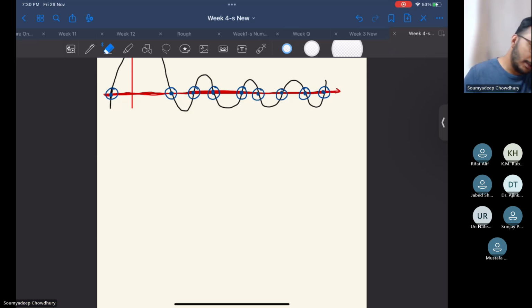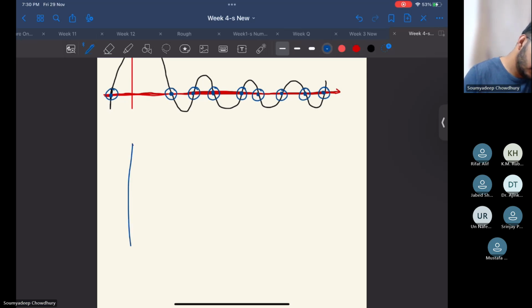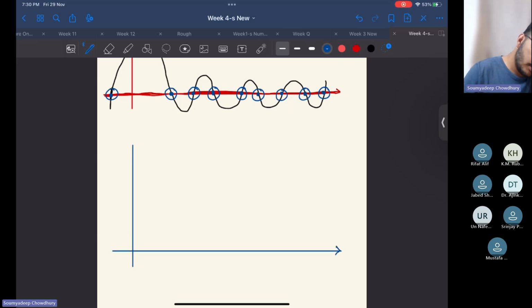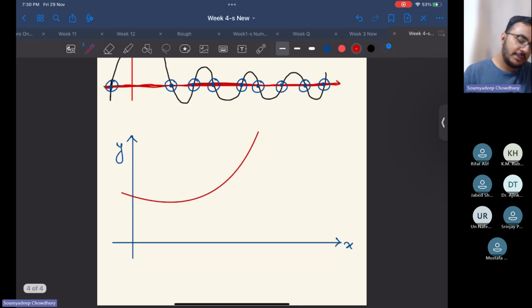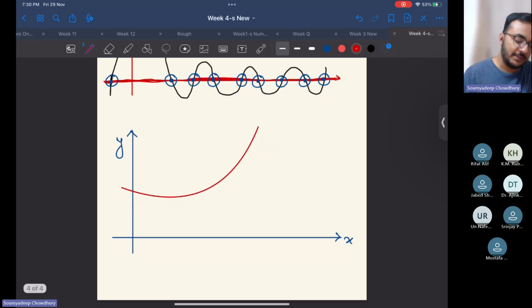So one more thing I want to show here: suppose you have a graph. So this is x, this is y. Suppose you have a plot of some y of x which is like this, right? So this graph never intersects with the x-axis.